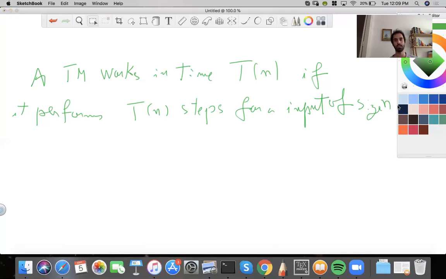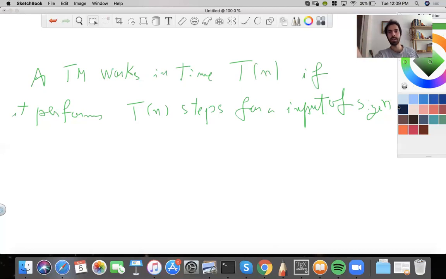So this is the definition of the time of a computation. If I give an input with size n and the Turing machine performs t of n steps, that's the time that it takes for the computation to be performed.